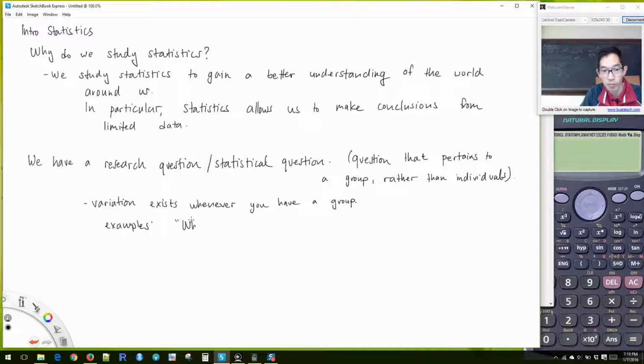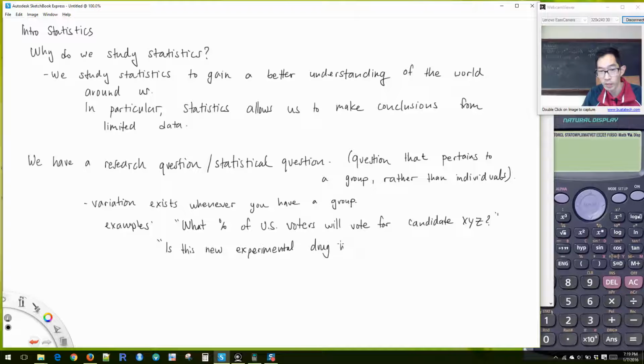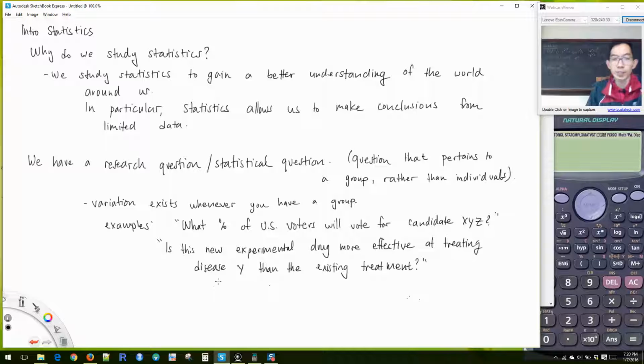What percentage of... is this new experimental drug more effective at treating disease Y than the existing treatment?